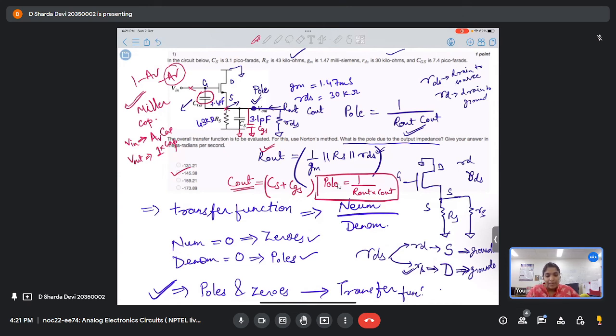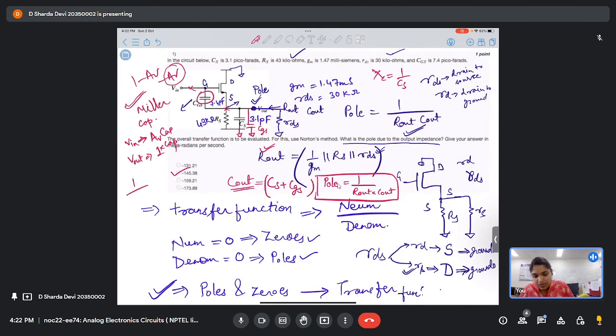Another thing is, when you see the values of poles and zeros, here we have not considered S, the Laplace variable. For capacitance, Xc is actually 1 by Cs. But when we are finding the values for pole and zero, we are finding the exact value.